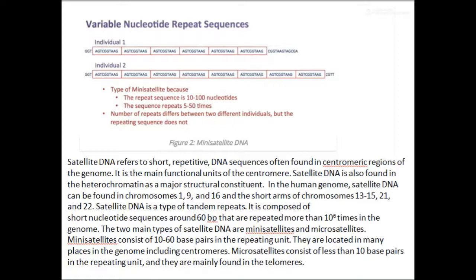The main difference between them is based upon the length of the base pairs. In minisatellites, you have 10 to 60 base pairs in the repeating unit, and they are mainly located in the centromeric region, whereas microsatellites have fewer than 10 base pairs in the repeating unit, and they are mainly found in the telomeric regions.